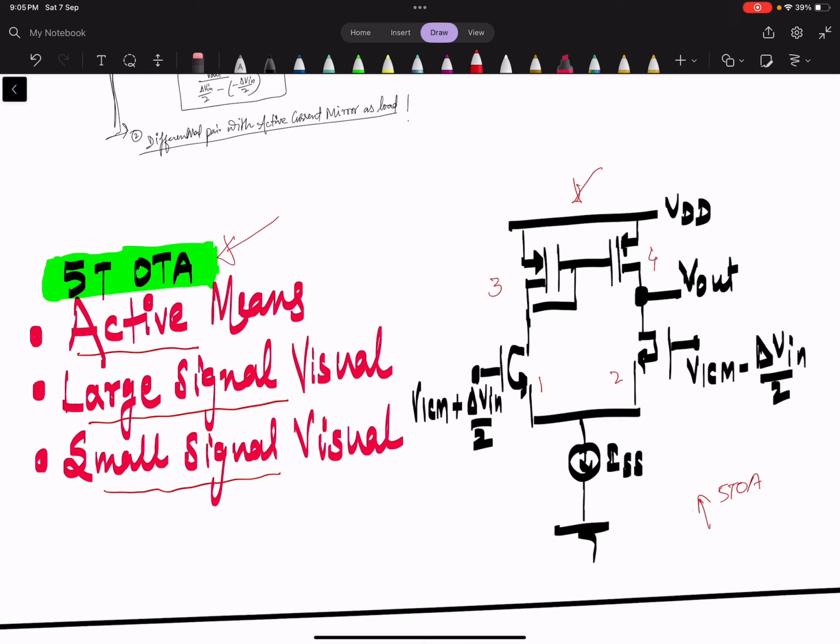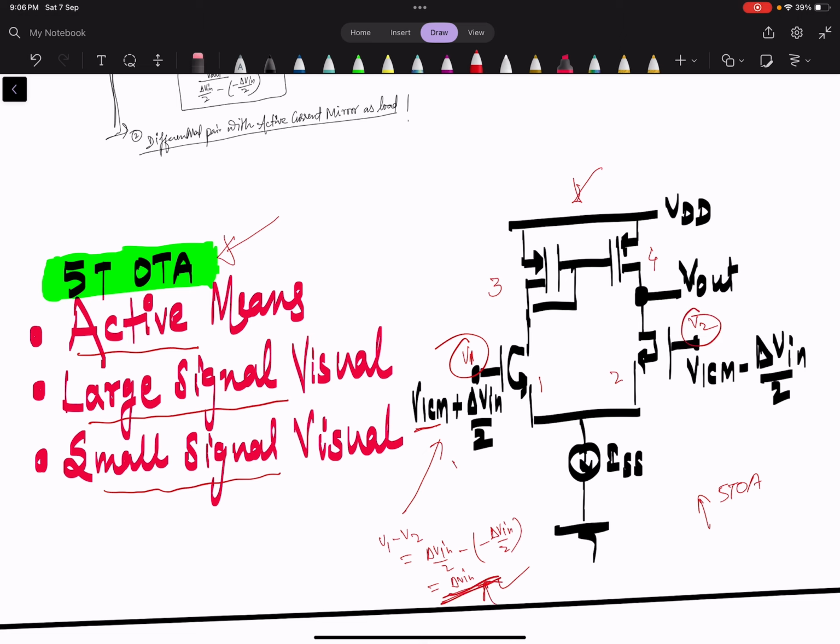At the input, if you see, this is the input common mode voltage, and the difference between V1 and V2, V1 minus V2, is equal to delta V in by 2 minus... So we have the difference between V1 and V2 as delta V in.